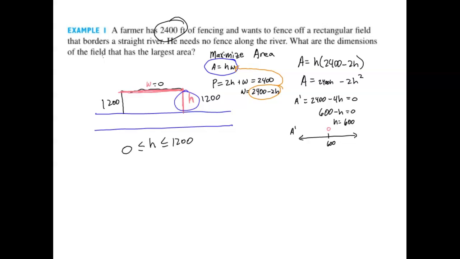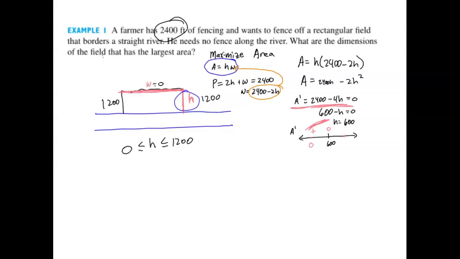If I plug in, let's say 0 for A prime, do I get back a positive or a negative? If I plug in 0, I get back positive. That would just give me 2400. So what is my original function doing on that interval? It's increasing.